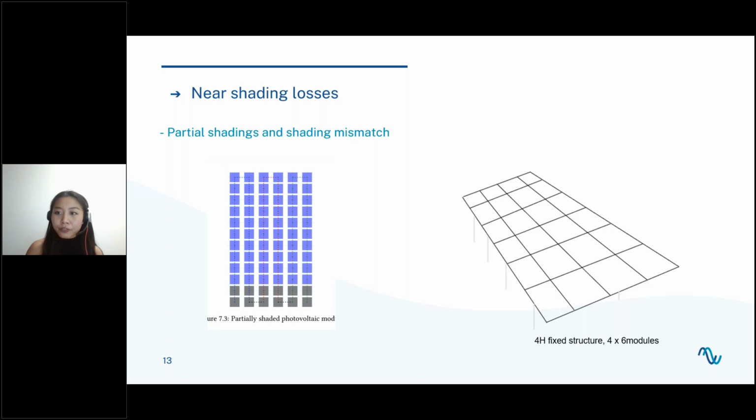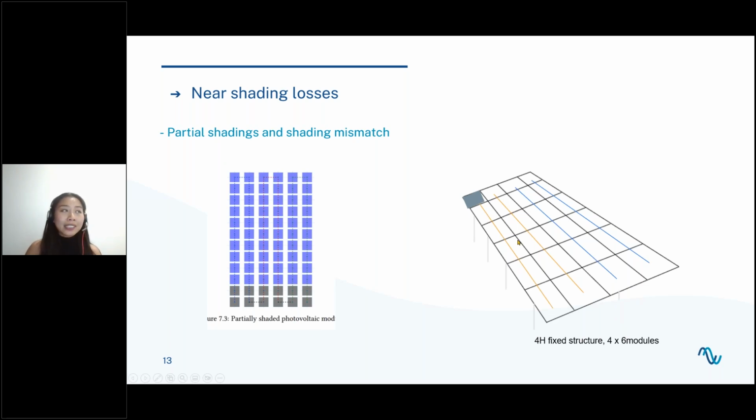But what if this happens on the scale of an array? On the right-hand side, you have a structure composed of 4 strings. Each string is connected by 6 modules, and we have each row as an individual string. Now, if we have the bottom row or one of the bottom row modules shaded, what happens?